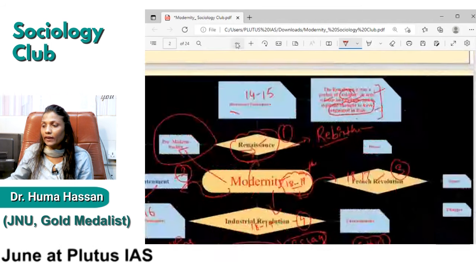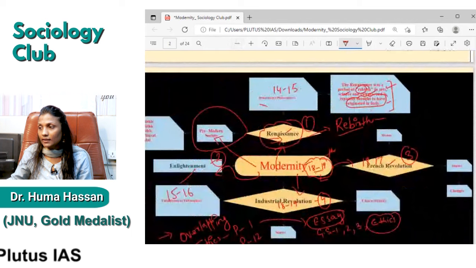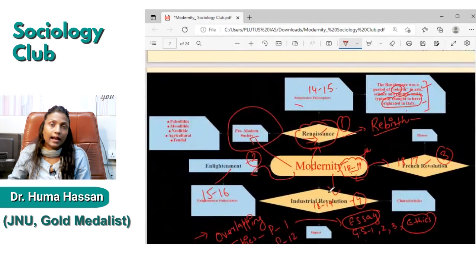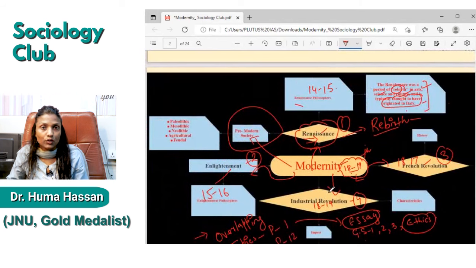The Renaissance is the phase in which thinkers said we need to understand our past heritage, what their philosophers and ancestors have told us about understanding society.